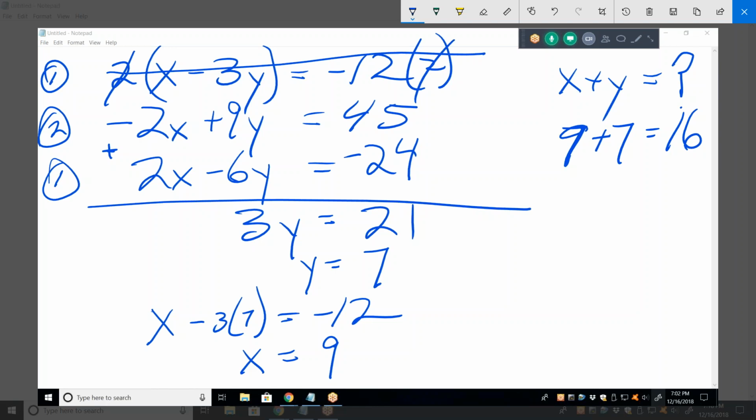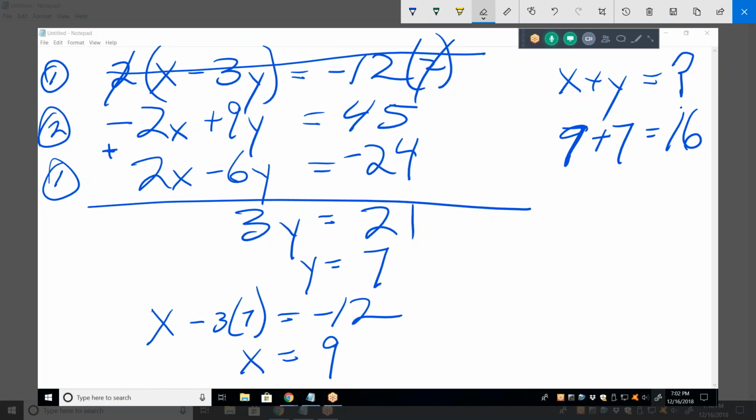I favor the method that uses the lowest numbers, which was your method, where we only had to multiply stuff by 2. You're going to get smaller numbers than if you go around multiplying things by 3. Notice that if I'd multiplied it by 3, I'd have had a bigger number than minus 24.